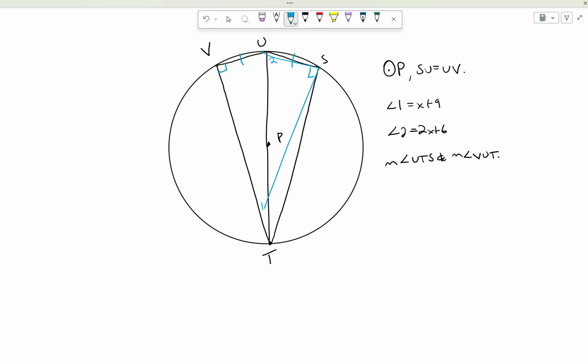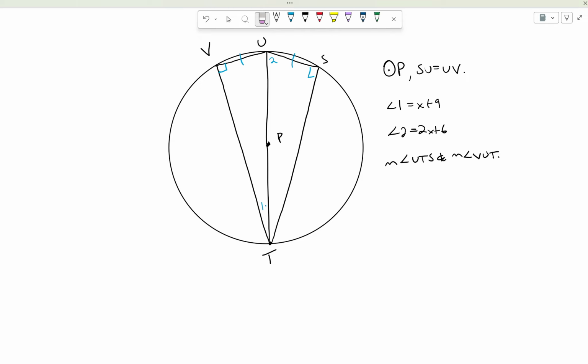So UST opens up to that semicircle, as does UVT, okay? So what I have here is congruent triangles because reflexively UT, the hypotenuse, is congruent. It's not angle side angle. Instead, that is going to be the hypotenuse leg theorem.